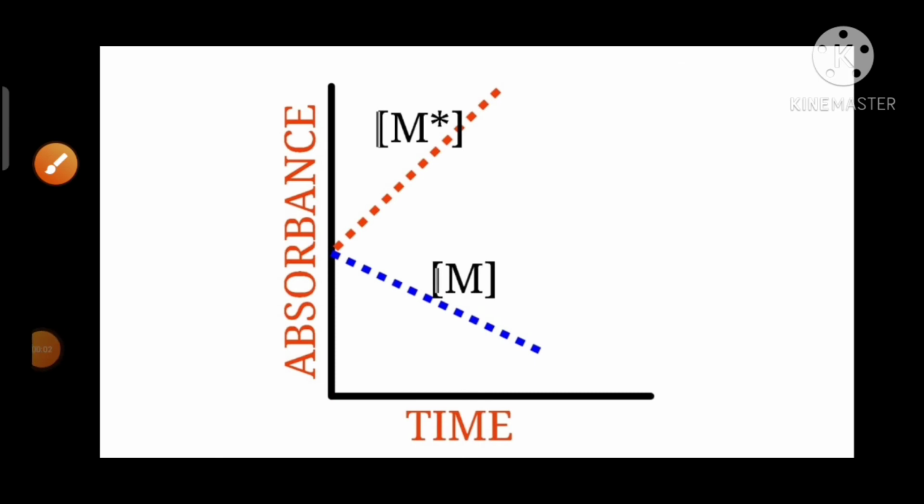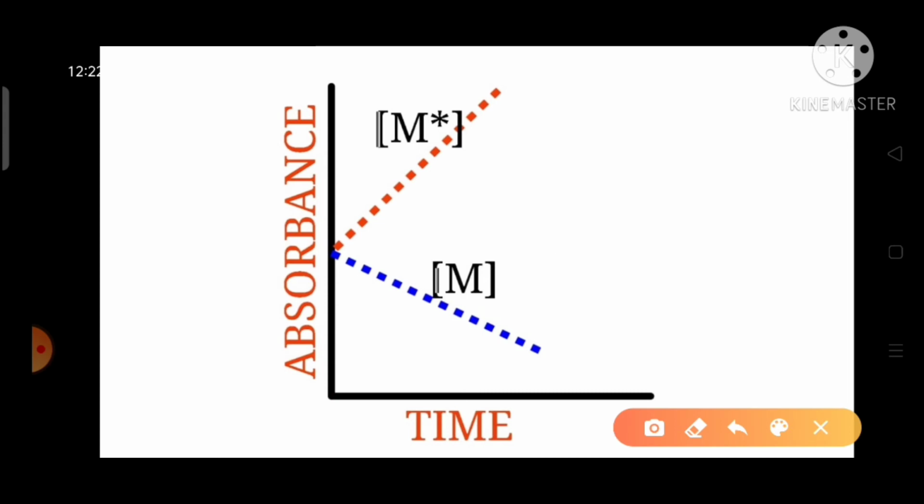Already we have learned that the reactant molecules in the ground state absorb one wavelength, and they absorb another wavelength in the excited state. Assume the wavelength absorbed by the ground state molecule is lambda 1, and by the excited molecule is lambda 2.